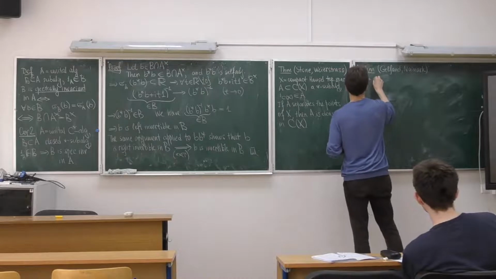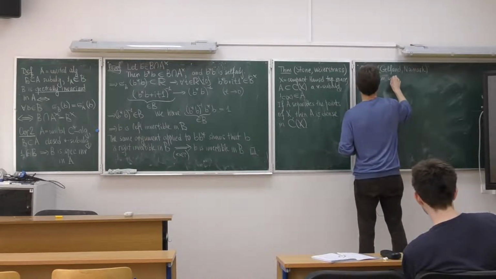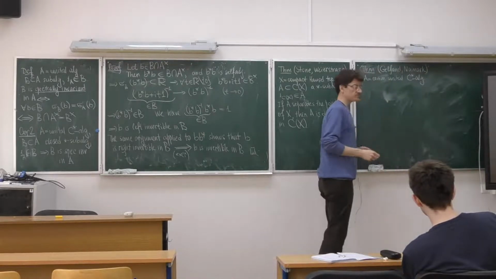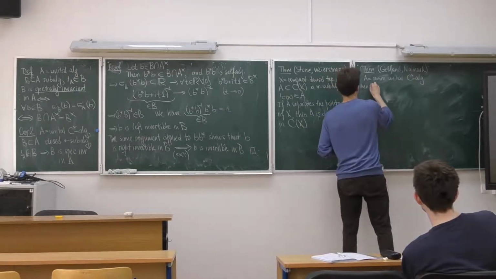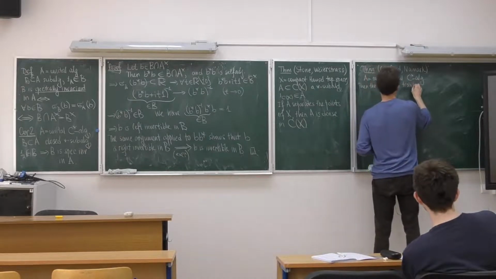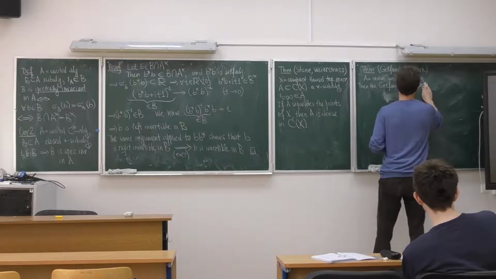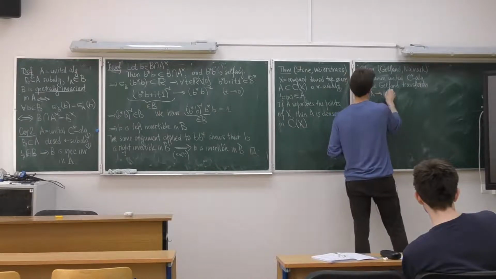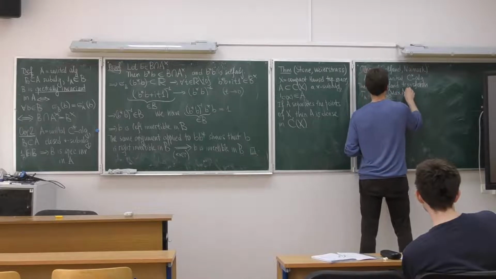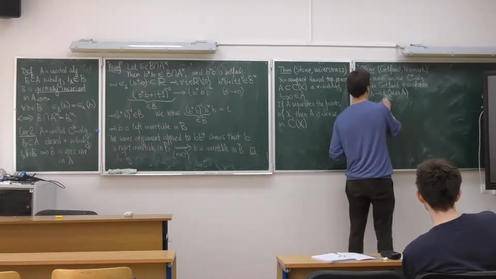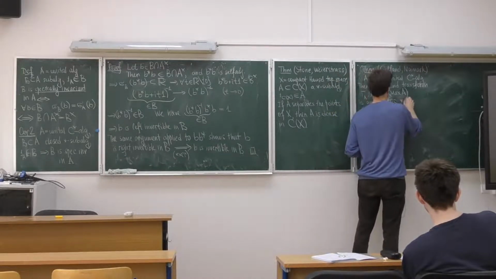Suppose that A is a commutative unital C-star algebra. Then the Gelfand transform of A, which acts from A to the algebra of continuous functions on the maximal spectrum, is an isometric star isomorphism.